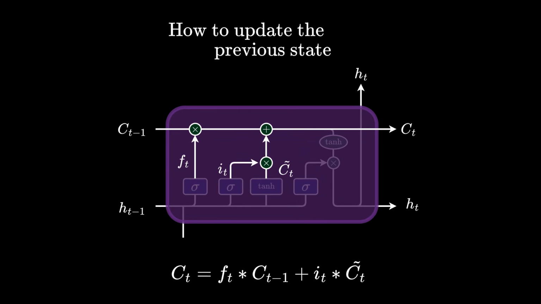Now comes the beautiful part. How do we update the conveyor belt? We do two things. We forget some old information and we add some new filtered information.